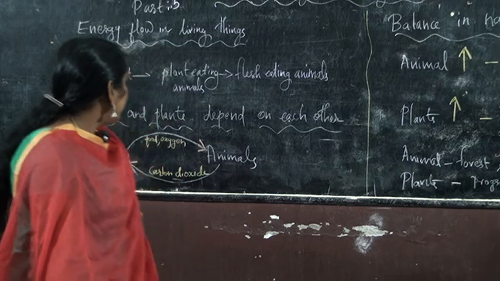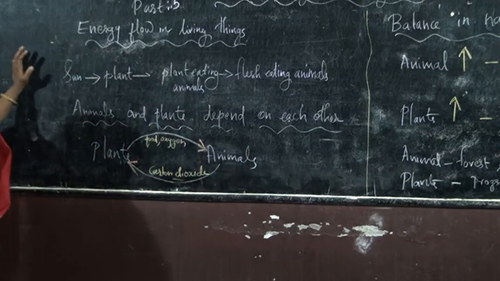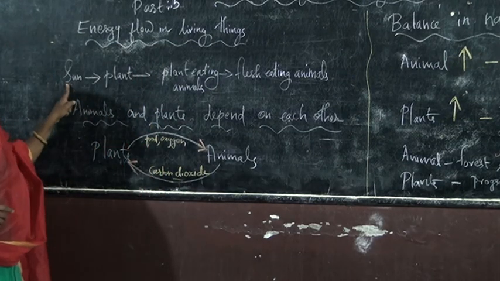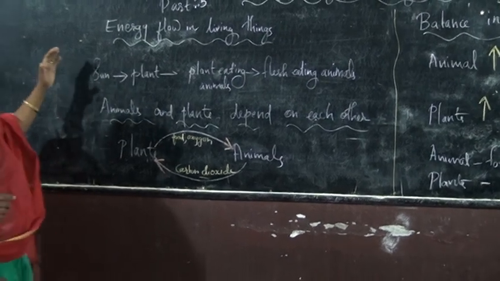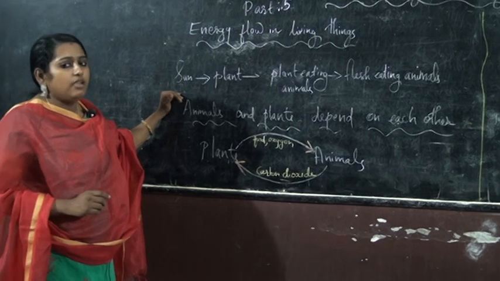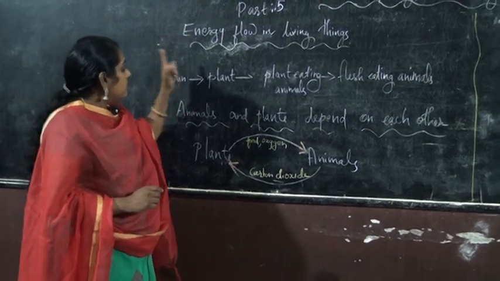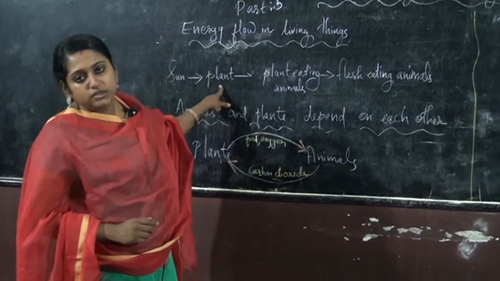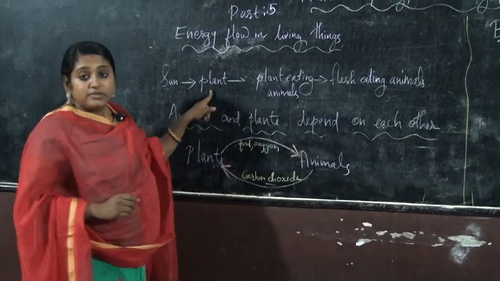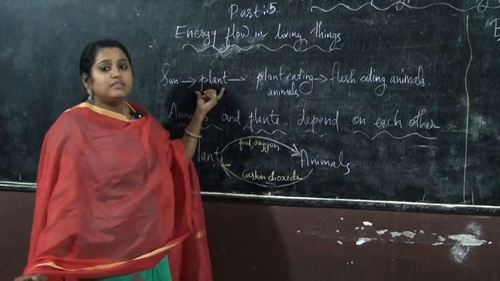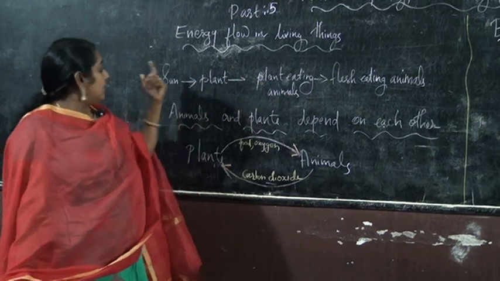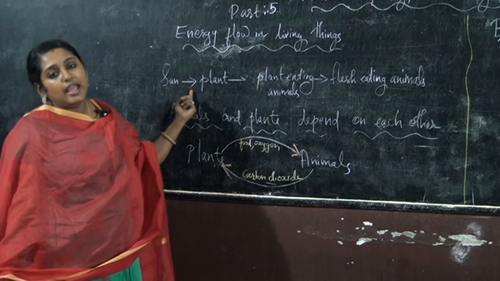Okay, all of you look here. We know that the sun is the ultimate source of energy. We get all energy from the sun. From the sun it is transferred to plants. How? We know one process, photosynthesis, we have studied that. In photosynthesis, green plants take sunlight, air and water.